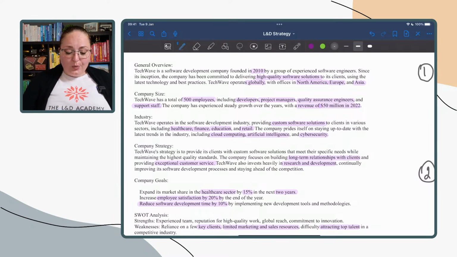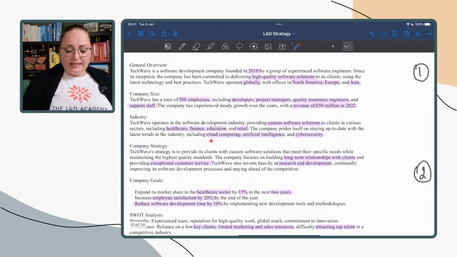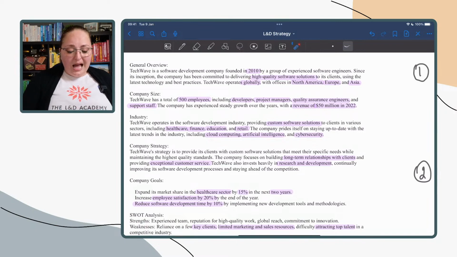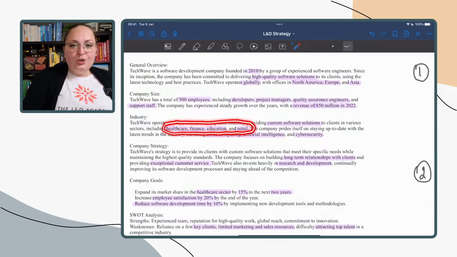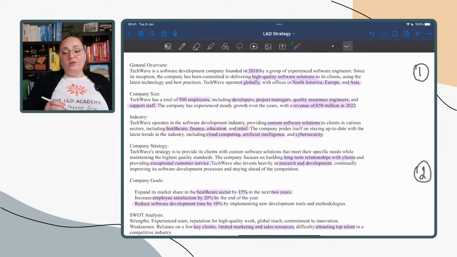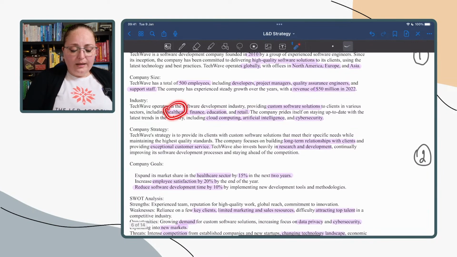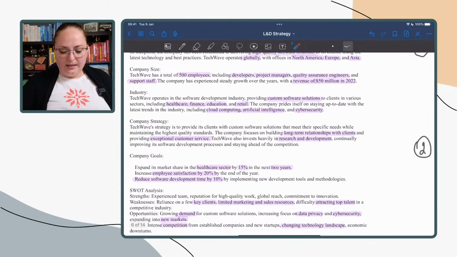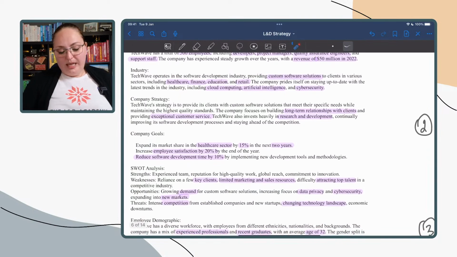We need to help them focus on things like cloud computing, artificial intelligence and cybersecurity. We might potentially need to look into these industries and understand what the implications of working in them are, because working in healthcare could be very different than working with education, and then very different than working with retail. So we need to understand what those implications are.